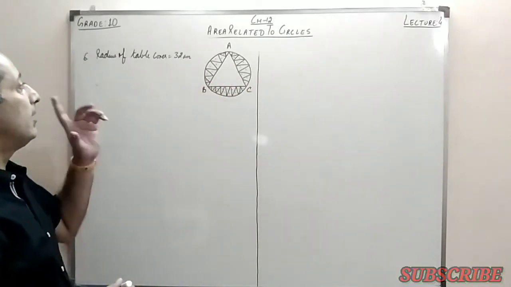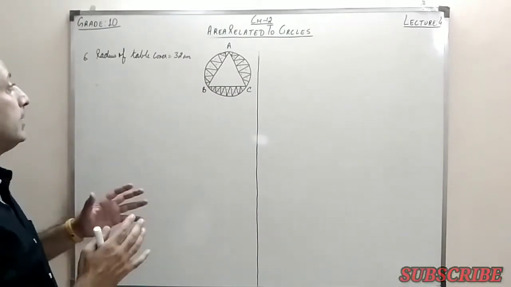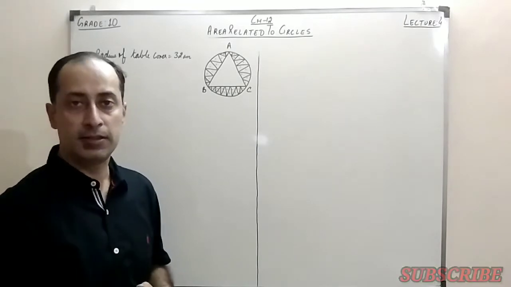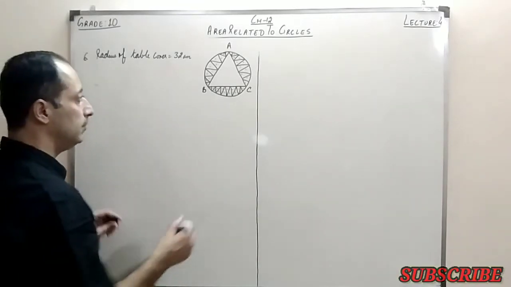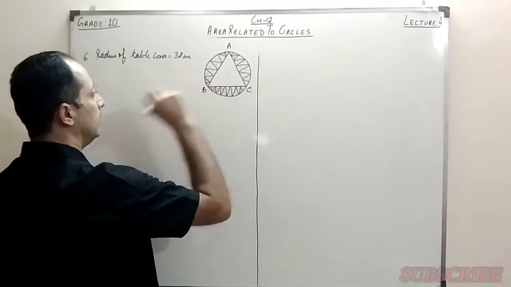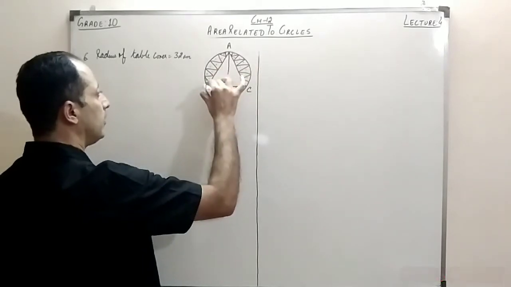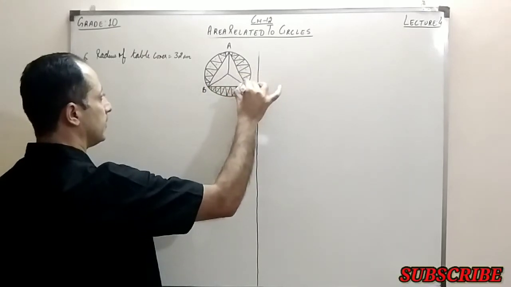So the radius of the table cover is given to us as 32 centimeter, but the side of the triangle is not given to us. So what we do, we take a center here and we join the center with all the 3 vertices.